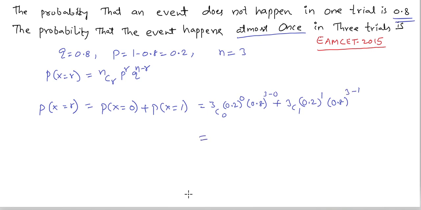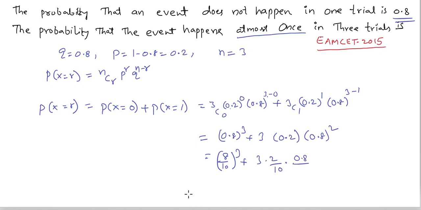3C0 value is 1, (0.2)^0 is 1, into (0.8) cubed, plus 3C1 is 3 into 0.2 into (0.8) squared. So (8/10) cubed plus 3 into 2/10 into (8/10) squared.